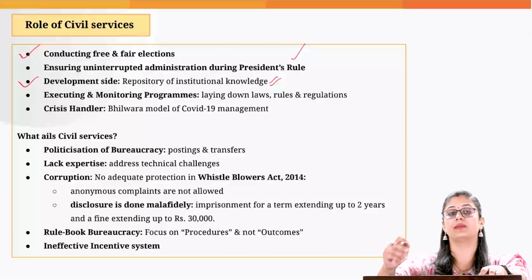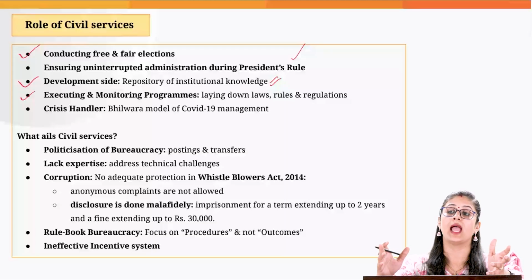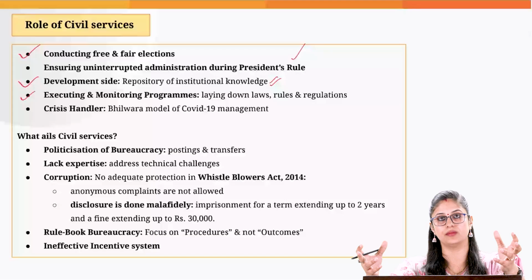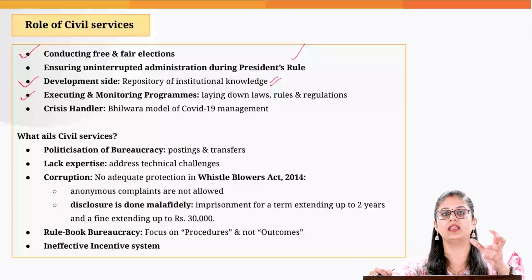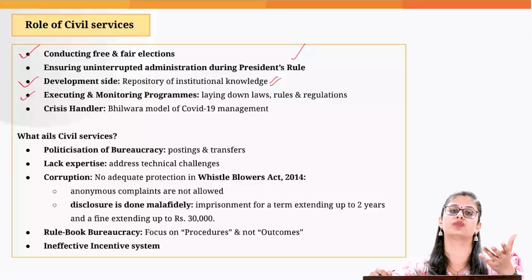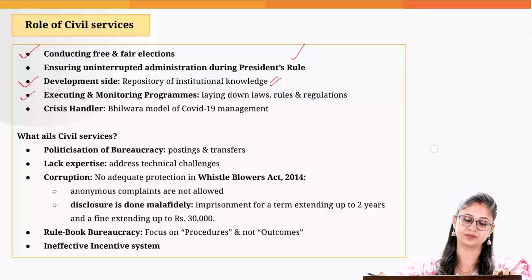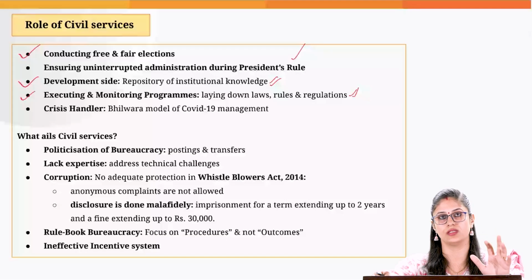Then they play a remarkable role in execution and monitoring of programs, and civil servants also act as a communication link between the people and the government. Since they act as a communication link, they are very well able to give a voice to the concerns of the people. They are able to communicate what areas need intervention, and they also play a role in implementation of various policies.